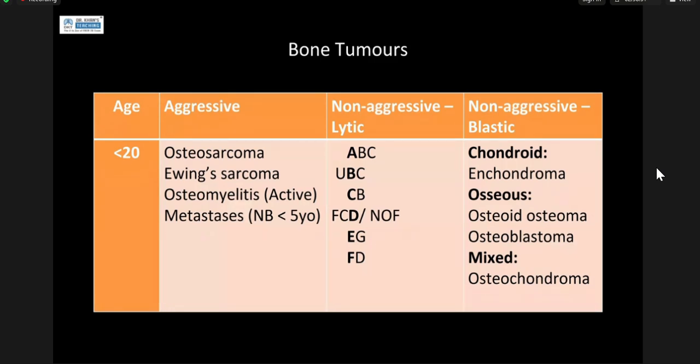Under the age of 20, aggressive lesions: if any of your cases appear to be an aggressive lesion, you've got your differentials, and non-aggressive lytic ones. I'm sure you all know that A, B, C, D, E, F mnemonic to help you think of your differentials, and then some examples of non-aggressive blastic conditions.